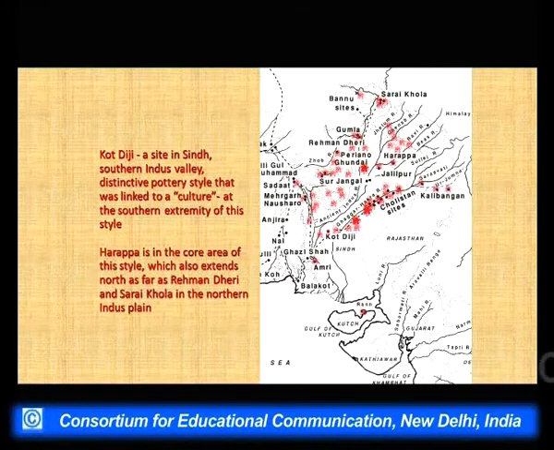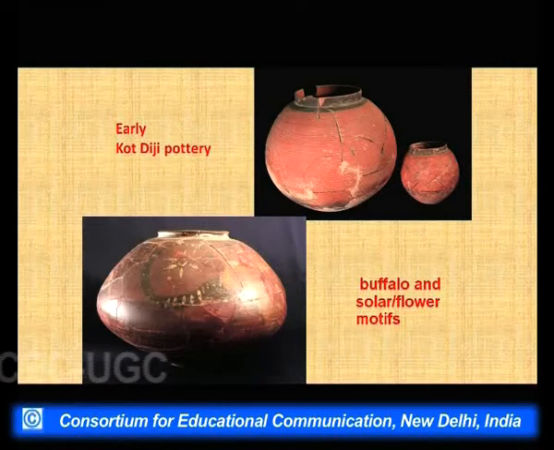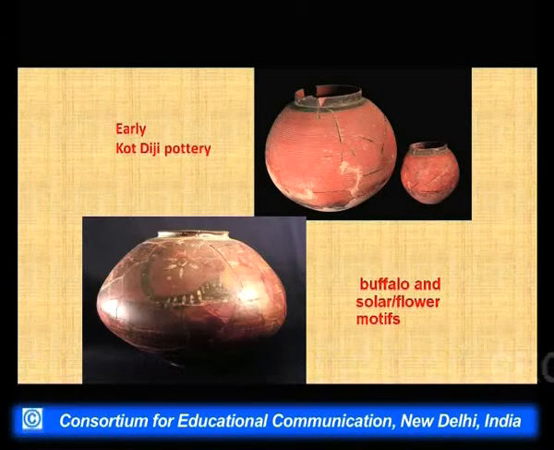Okay, on the northernmost you can see Sarai Khola, then you can see Rahman Dheri just underneath it, and on the east you can see Kalibangan, which is in north Rajasthan.